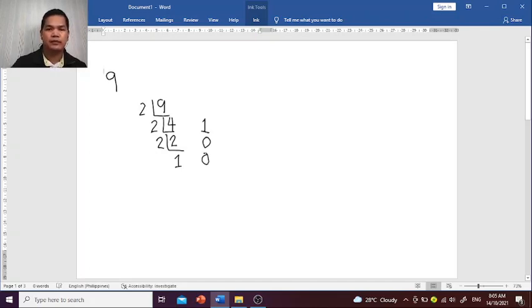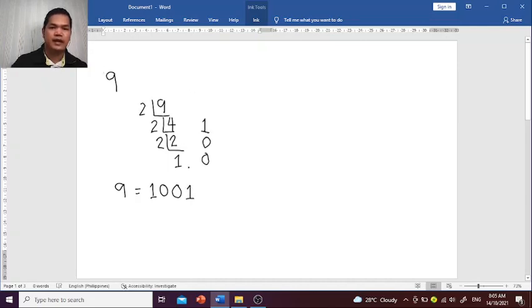So with that, we now have the equivalent of our decimal number 9 in its binary form, which is 9 is equal to 1, 0, 0, 1.